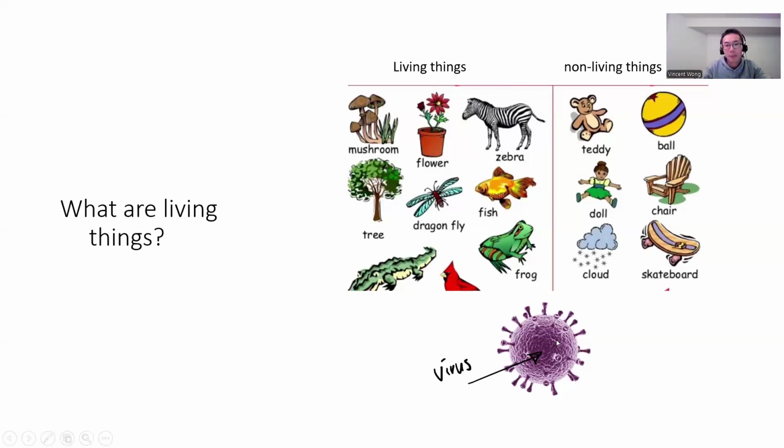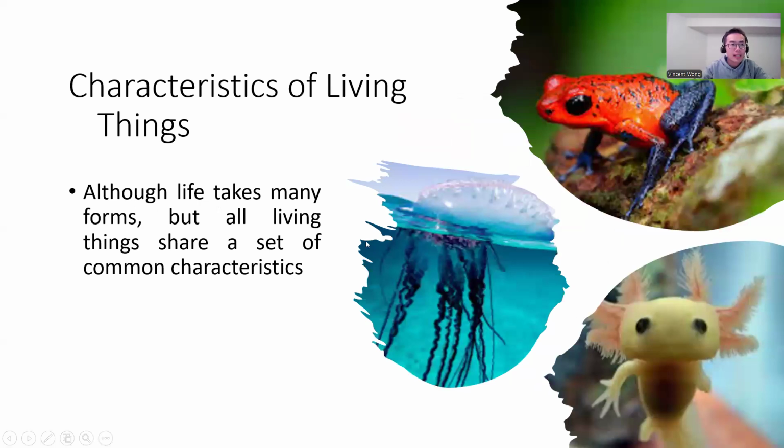Okay, but yeah. So let's go through a list of characteristics of living things that people agreed on. I think there are 7. Although life takes many forms, all living things share a set of common characteristics. There's another comment: when they get the hose, they are living things.